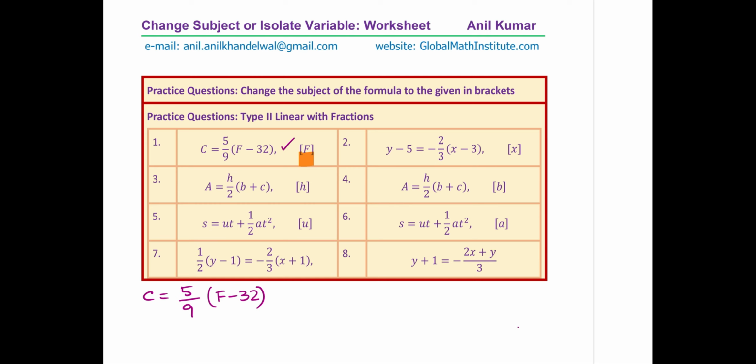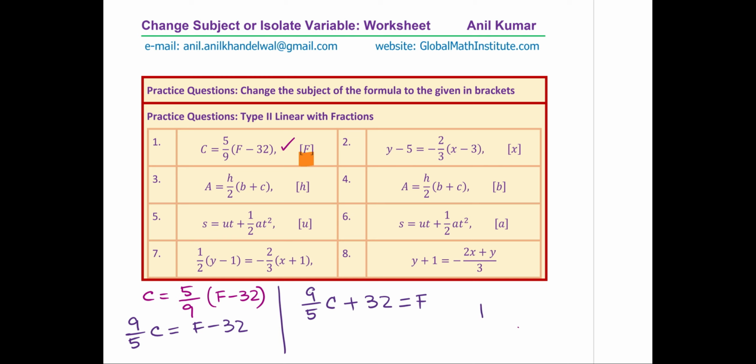So what should be my first step? Well, I could cross multiply, write 9 over 5 times c equals to f minus 32. Does it make sense? And from here, it is very clear I can isolate f. So I have 9 over 5 times c plus 32 equals to f. Do you see that?